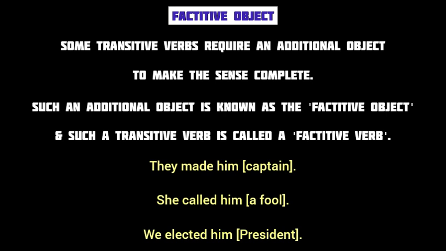Captain is the additional object required to make the sense complete. Hence, captain is the factitive object of the verb made. In the second sentence, a fool is the factitive object of the verb called. In the third example, we elected him does not make a complete sense without the factitive object president.